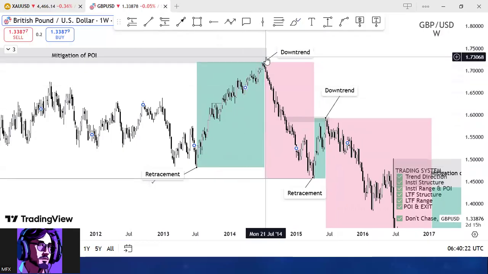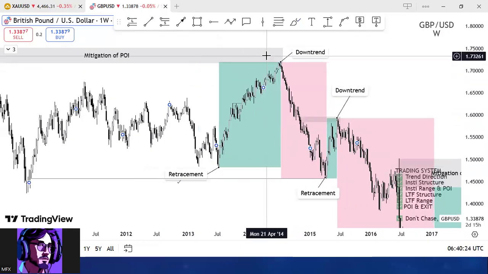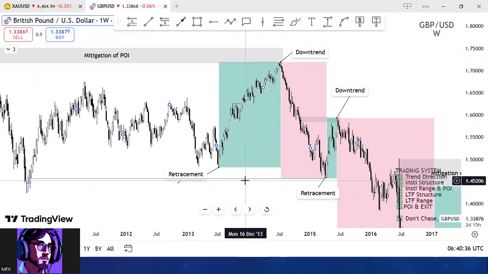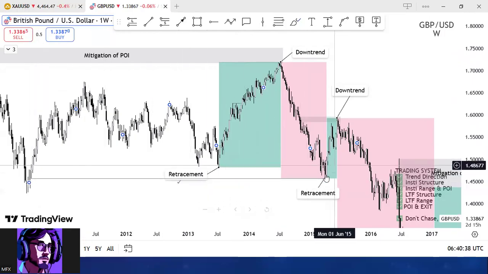Then price mitigated this supply zone, what we all know as a point of interest, and retraced. And we saw that price reacted again after grabbing the liquidity that we had below here, and we saw a retracement.